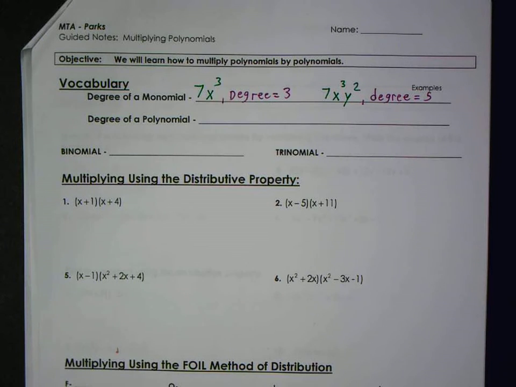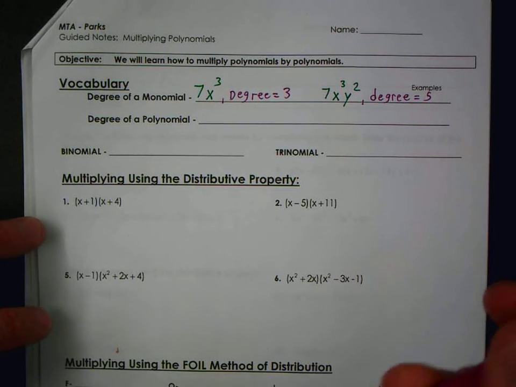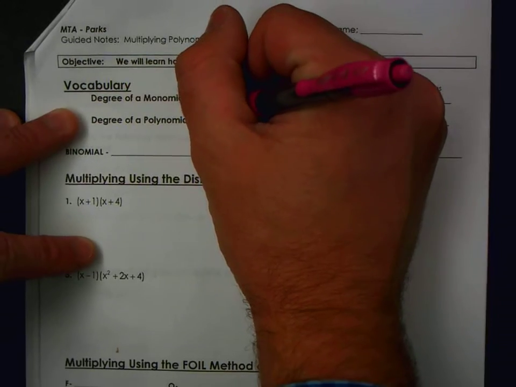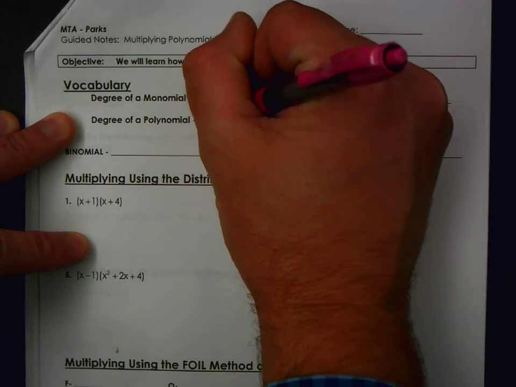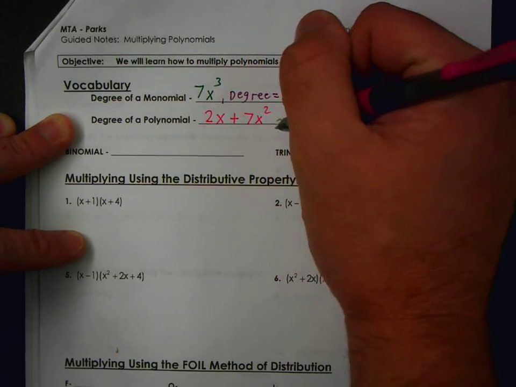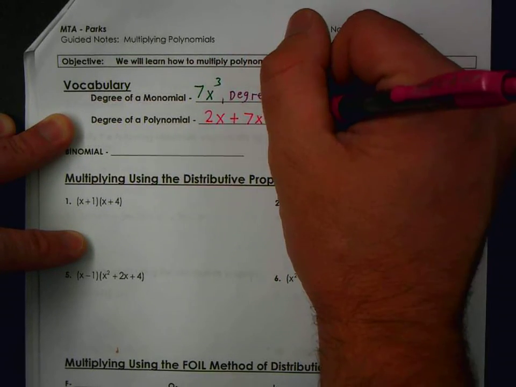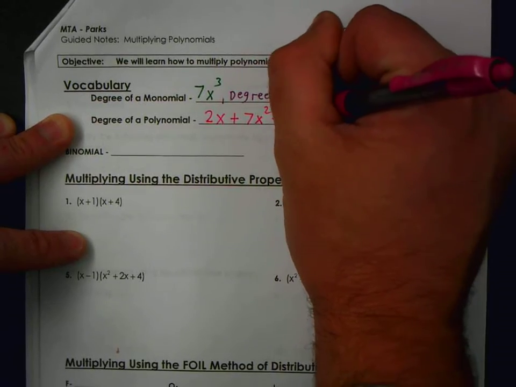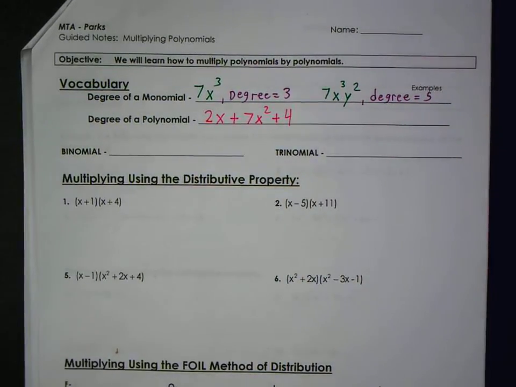Now if you have a polynomial, poly just means more than one. It could also mean one. But it would be something like 2x, 7x squared plus 4. Now, this is not written in standard form, which means highest degree to lowest.